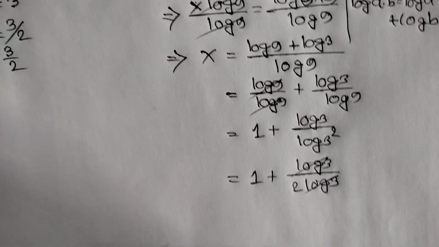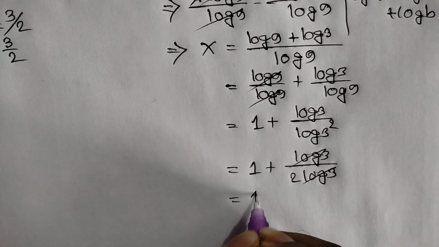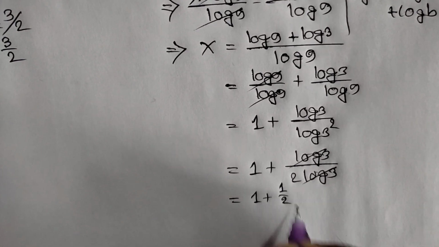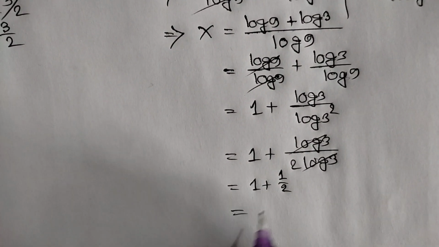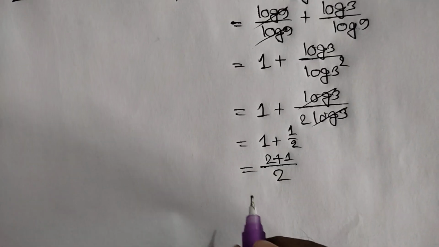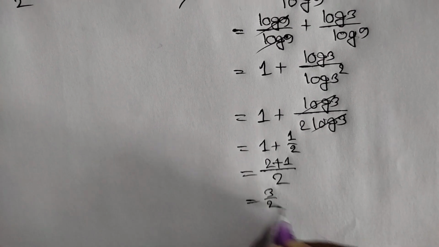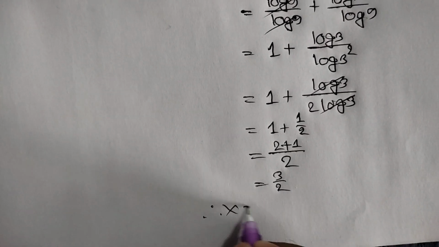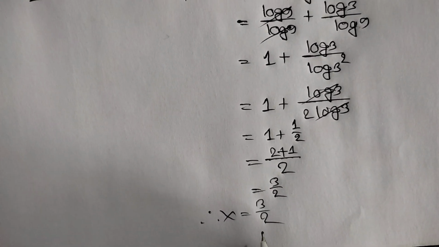This log of 3 cancels out this log of 3, so it will be remaining 1 plus half. Now here the LCM is 2, so 2 plus 1 is equal to 3 over 2, so the value of x is equal to 3 over 2.